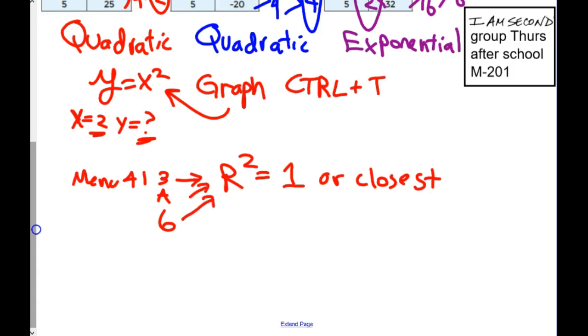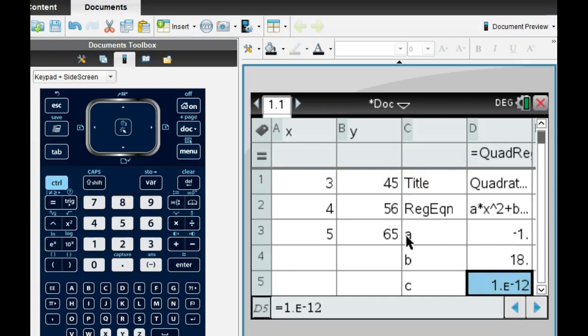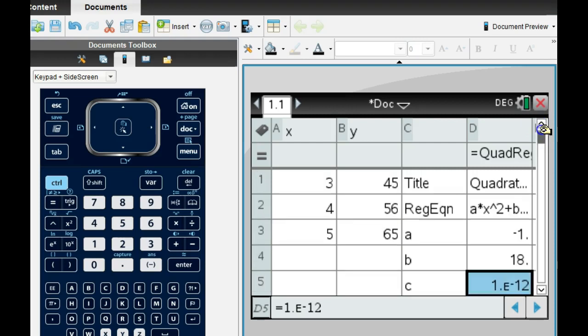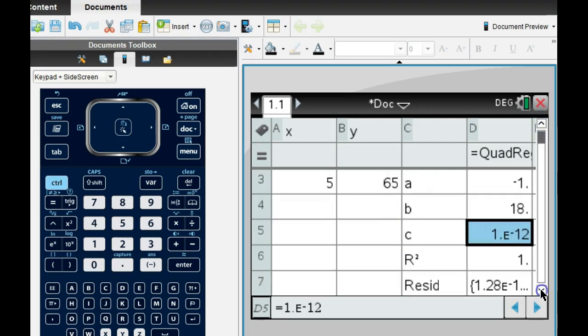Okay, so I'm talking about, let's say you do something like this, and you scroll down a little bit, not a lot of it. Okay, you see how this says r squared equals 1? So r squared equals 1, right?